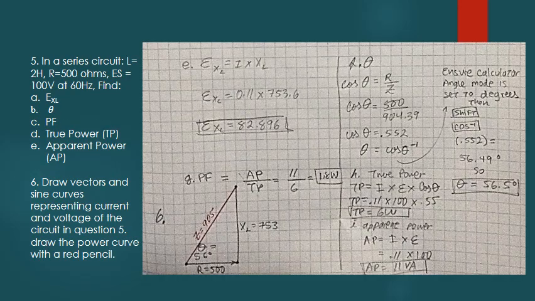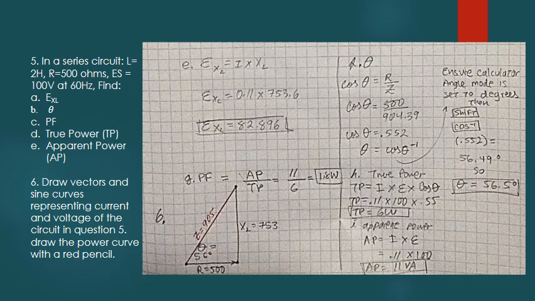Moving on to the next set of problems, we have to find the voltage drop at the inductive reactance. We use the formula EXL equals I times XL.